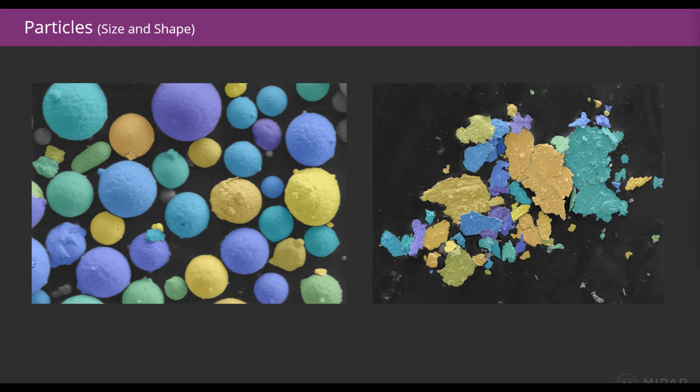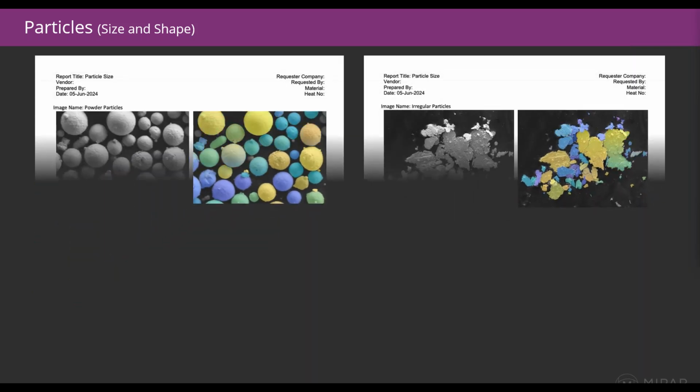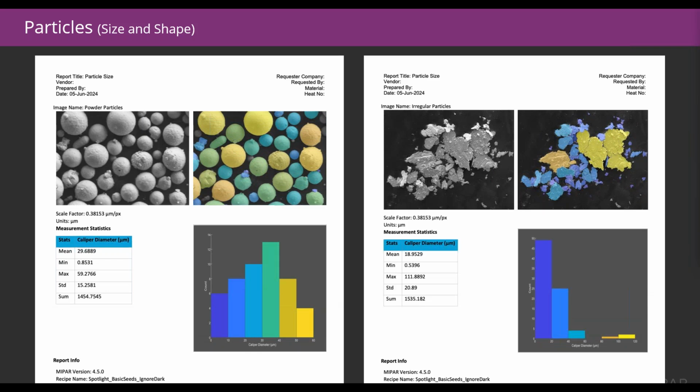So here the exact same algorithm results in a quality segmentation for two very different particle morphologies, leading then to a single solution that can work on a variety of particle cases. So with the particles identified, the recipe can then perform size distribution analysis.